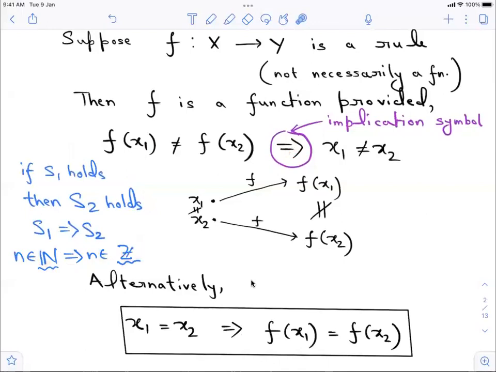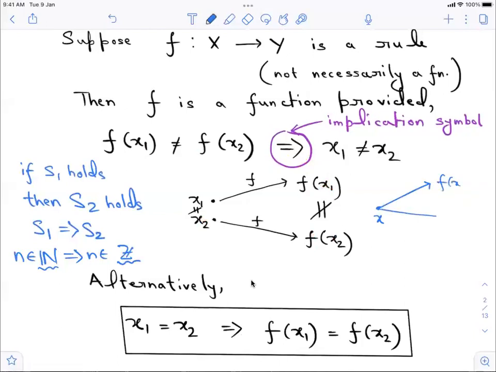Back to checking whether a given rule is a function. We're saying that given two distinct image points, f(x1) not equal to f(x2), if f is a function, then x1 is not equal to x2. Why is that? If x1 becomes equal to x2, then you have a picture like this. If x1 equals x2 equals a common value x, then you have this picture going.